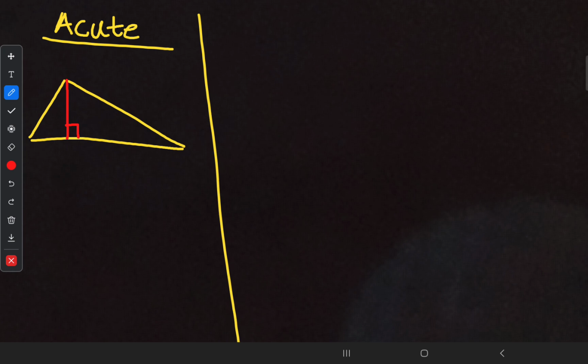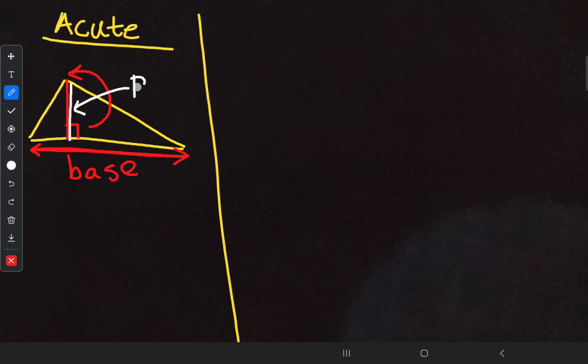When we consider this side as the base of this triangle, from its opposite vertex, when we draw a perpendicular line, that length is indicated as the perpendicular height of this triangle.